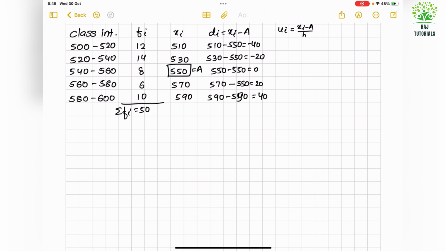So h is the difference of the class interval, so 520 minus 500, so 20. So if I do minus 40 by 20, I will get minus 2. Then same way here I will get minus 1, 0, 1, 2. Now I have to do fi ui. So 12 into minus 2 will be minus 24, minus 14, 0, 6 and 20.